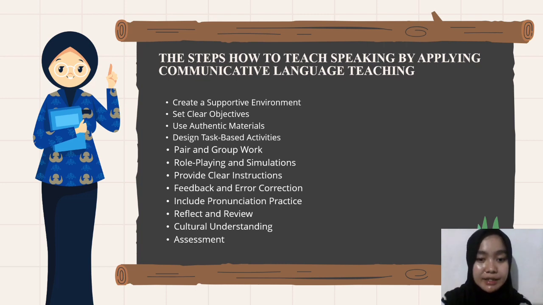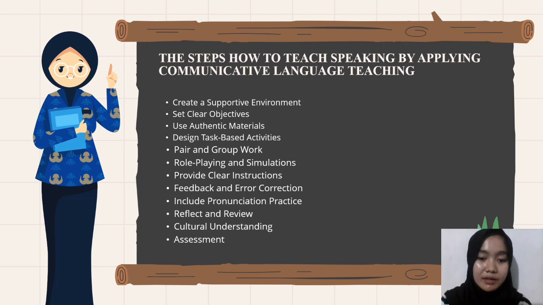Number 7, provide clear instructions. Clearly explain the purpose of the speaking activity and provide instructions in a way that is easily understood. Ensure that students know the goals and expectations for the task.